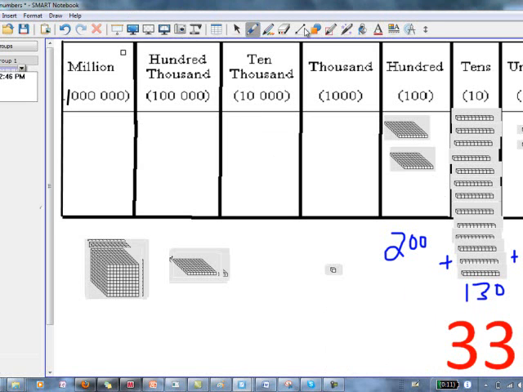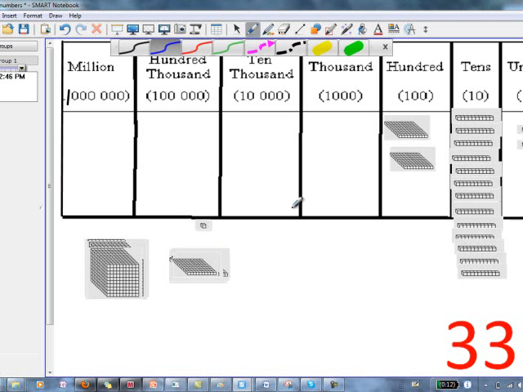We could write this into expanded form like so. So let me just erase this here. I'm going to move this over a bit. Let's get our pen.